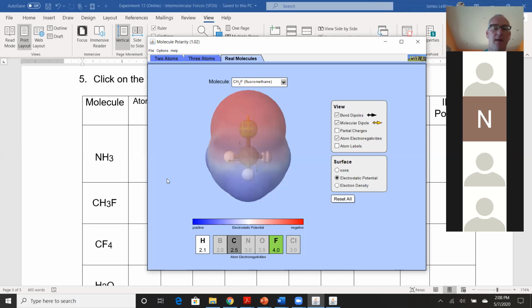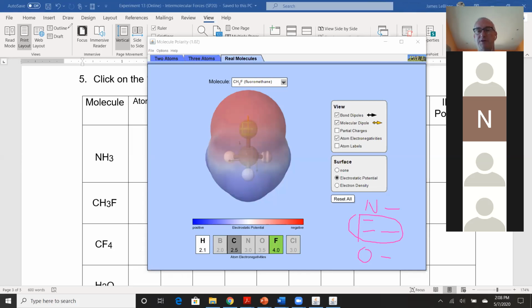The acceptor is going to be a free fluorine, or fluorine bound to something else, an oxygen bound to something else, or a nitrogen bound to something else. Do we have that here? We have a fluorine. Yeah, so we do. So we have a hydrogen bond acceptor.